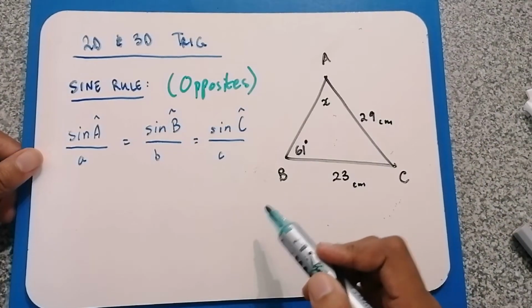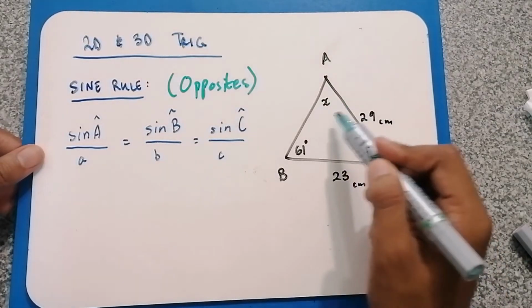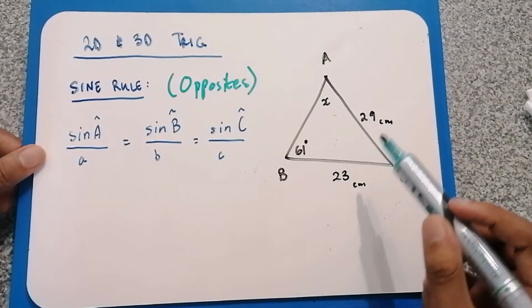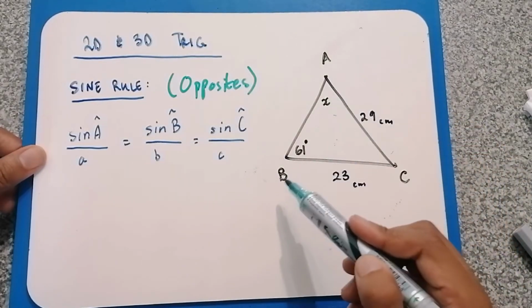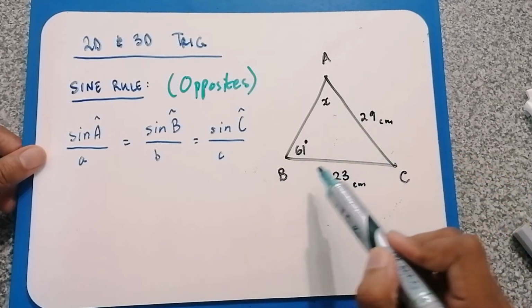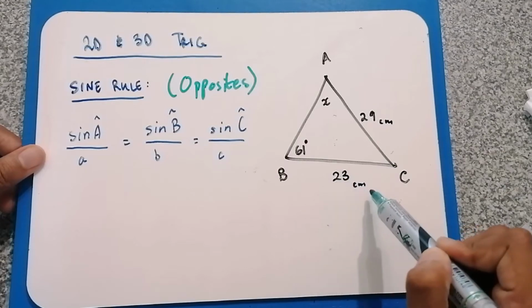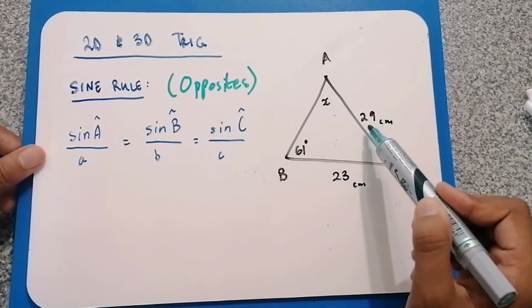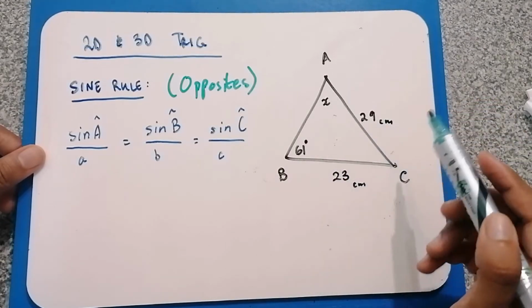Given the sketch alongside, let's solve for x in this triangle. Angle A is x, angle B is 61 degrees, and opposite these angles is the line BC, which is 23 centimeters, and the line AC, which is 29 centimeters.